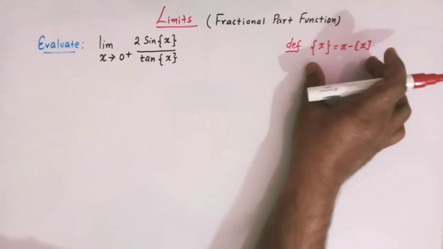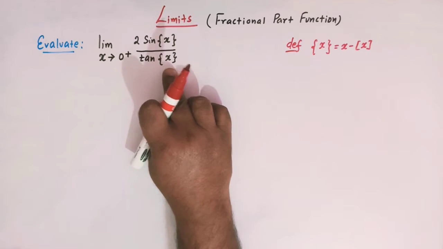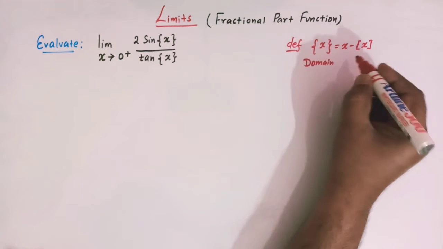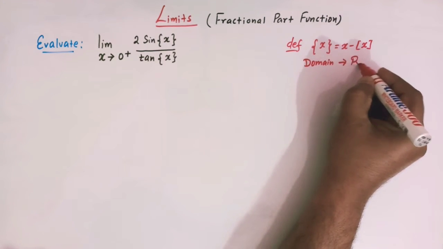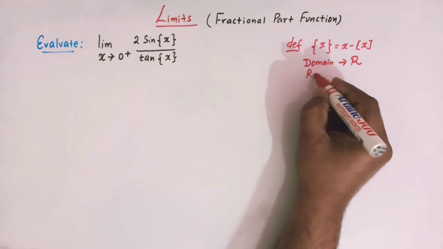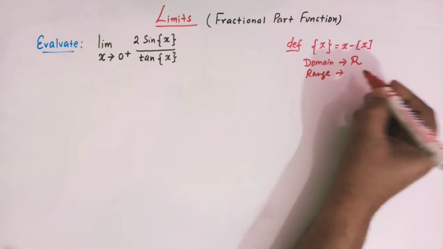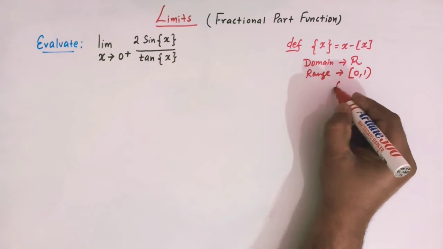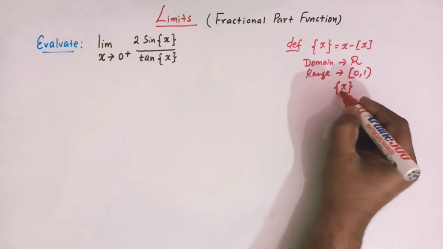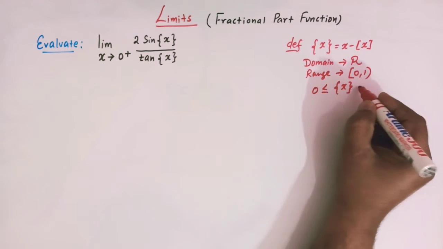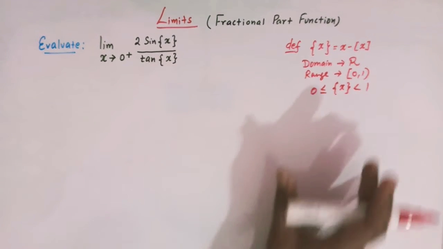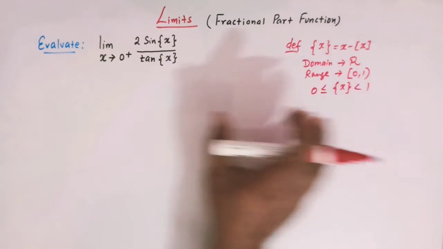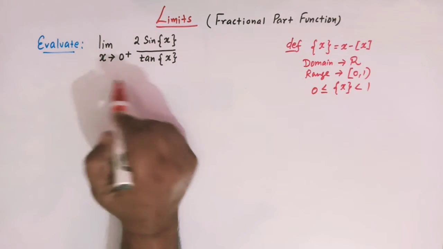The domain of the fractional part function is the set of all real numbers, but the range is given by the interval 0 to 1. It means the range of the fractional part function is given by this inequality. Once we have seen the definition, we can easily evaluate this limit.